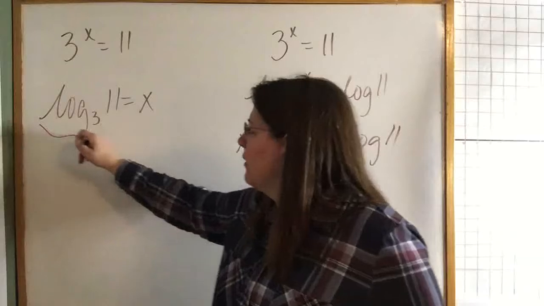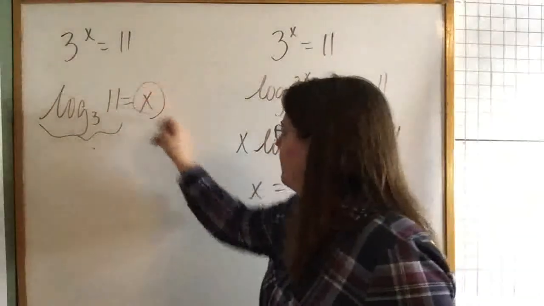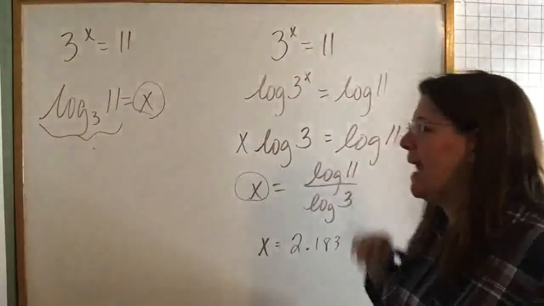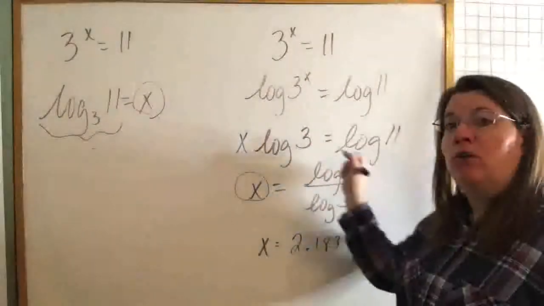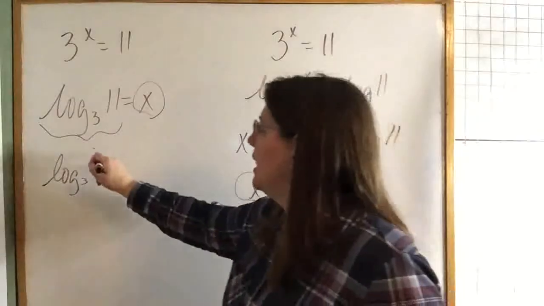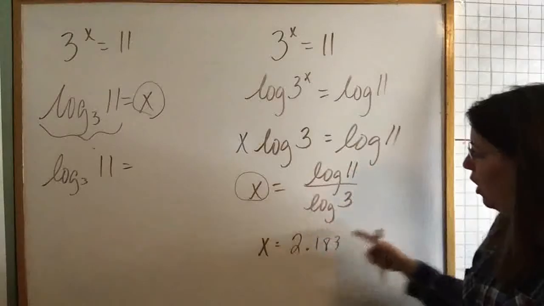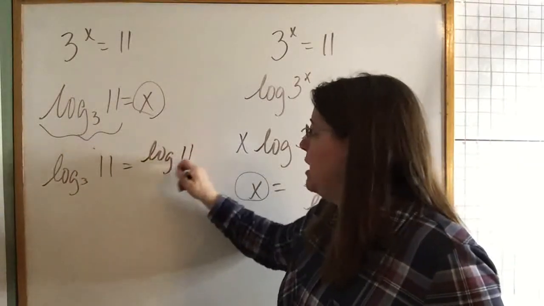If you compare this to what I've got over here, well, x and x, they're equal, right? If the x's are equal, well then can I assume that the log base 3 of x is equal to the log 11 over log 3? Okay? So log base 3 of 11 is the same thing as log 11 over log 3. Because they both equal x, they have to be equal to each other.